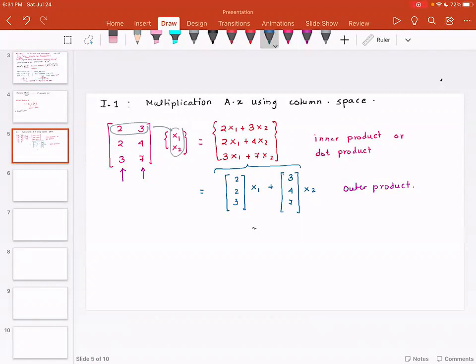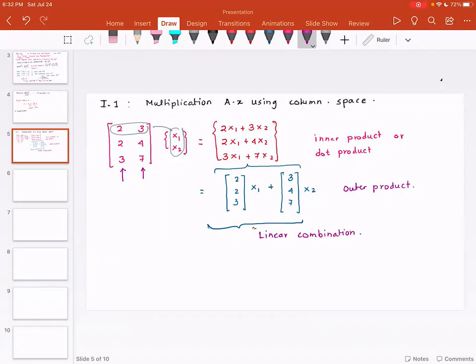In other words, and this is an important concept, we are taking these two columns, multiplying them by a scalar quantity and adding them. And since it's a linear addition, no squares, no square roots, this is called as the linear combination.